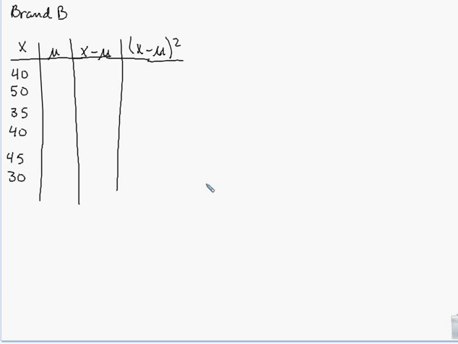When I add all of these up, I also get 240. So my sum of my x's, wait, you add that side on brand B? Yeah, I did it on brand A too. You always add up all your data. This is how you find your average. Is that how you got the 240? Yeah. Okay. So my average is 240 divided by 6, again, because I added up 6 numbers. And so my average this time is also 40.